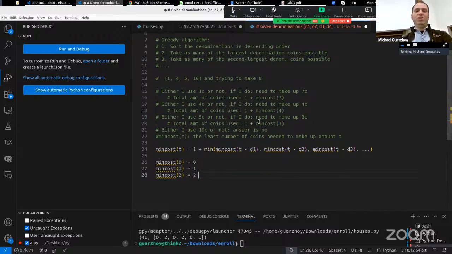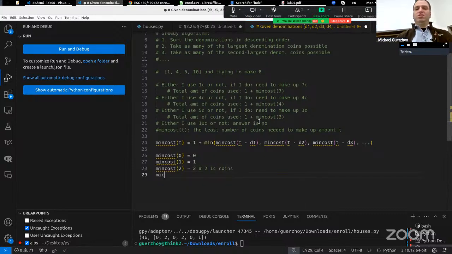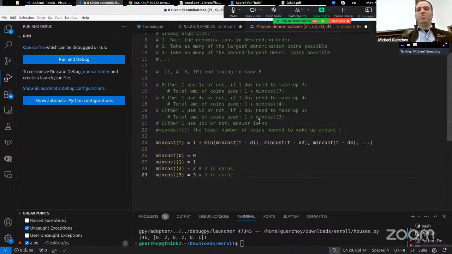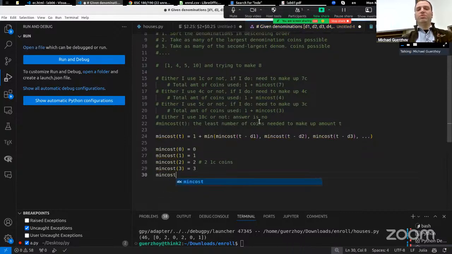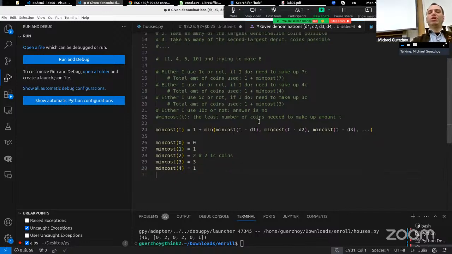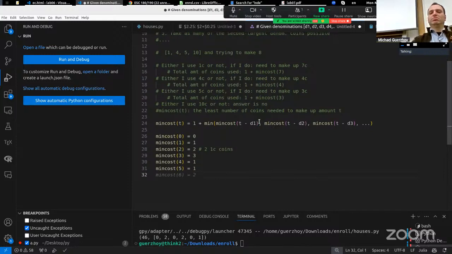So 2 because 2 1-cent coins. So min cost 3 would be 3. And then min cost 4 is 1, because you can use a 4-cent coin. And min cost 5 is 1. And min cost 6 is 2.